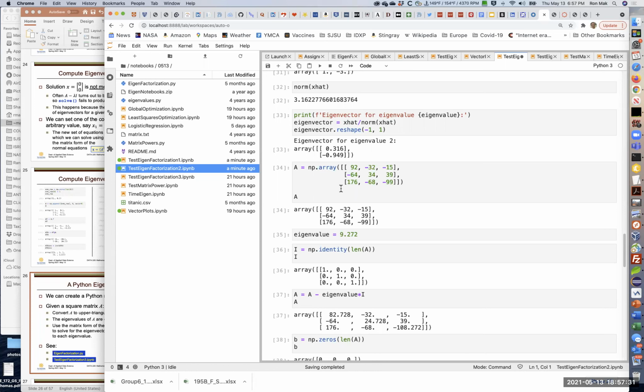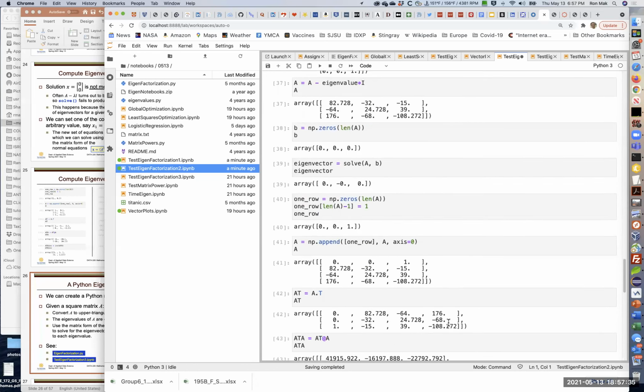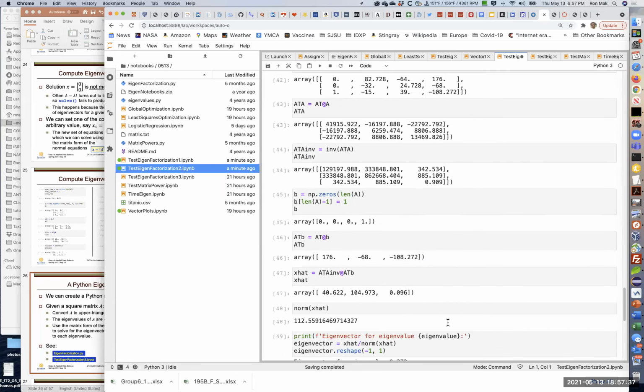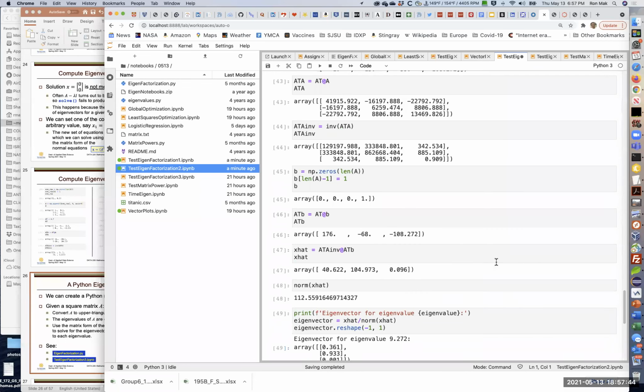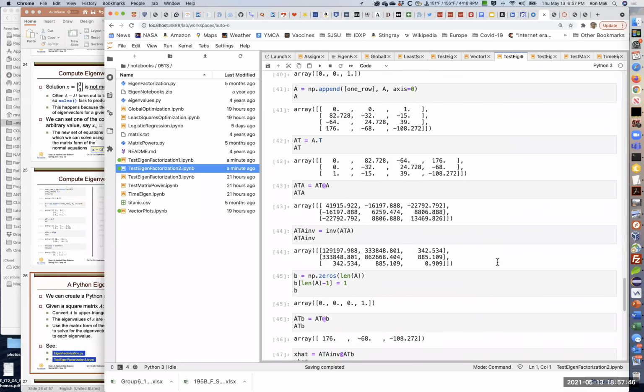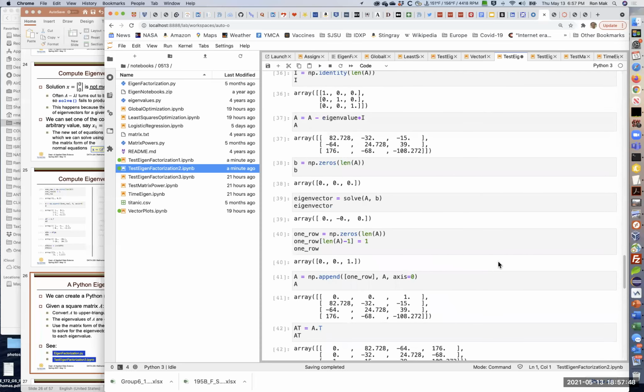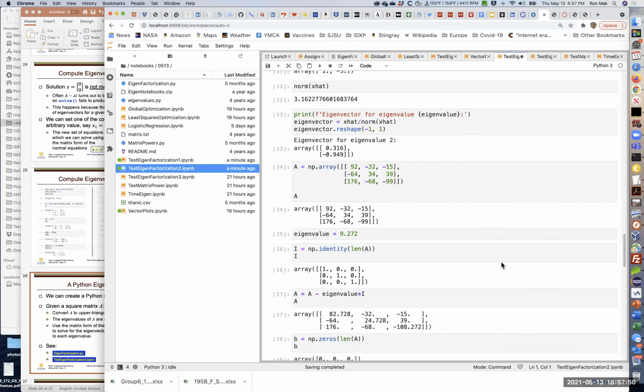Then I do another one where it's a 3 by 3, and let's see what happens here. We do manage to calculate some eigenvectors. So just some example notebooks that make use of our function to calculate eigenvalues and eigenvectors.